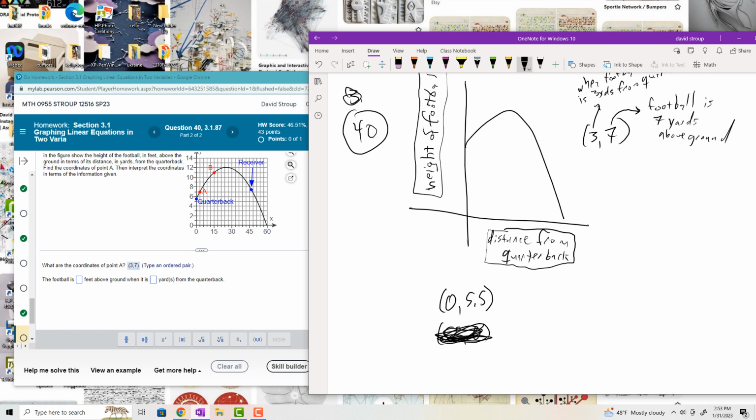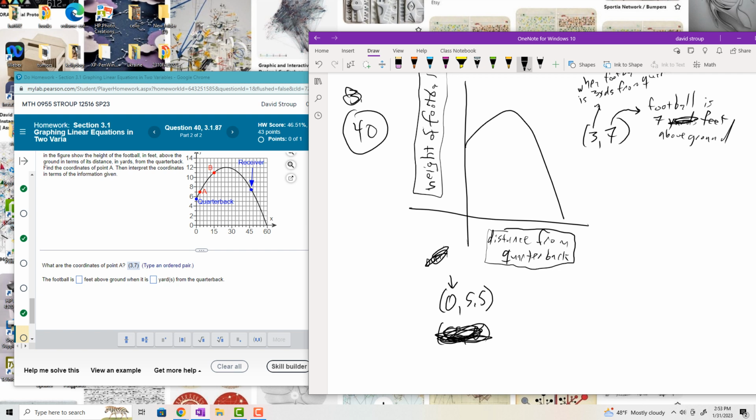So initially, the football is 0 units away from the quarterback. I don't know what the units are. I don't want to confuse it. I think this is yards, and then the position above the ground is in feet. Yeah. So back up here, there should be 7 feet.